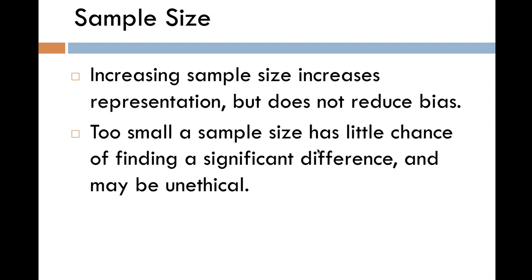And then one more thing we're going to talk about today, and again, we'll talk more about these things later, is that too small a sample size has little chance of finding a significant difference and therefore might be unethical, right? So if I want to see whether or not people who stutter, let's say, perform as well at a speaking job, let's say as lawyers in the courtroom, than lawyers in the courtroom who don't stutter.